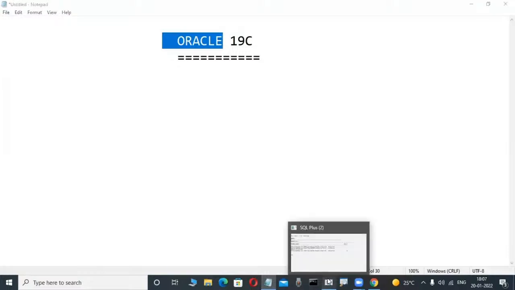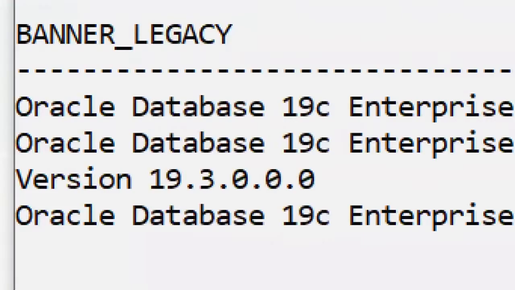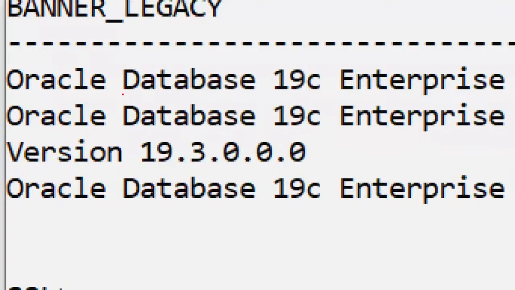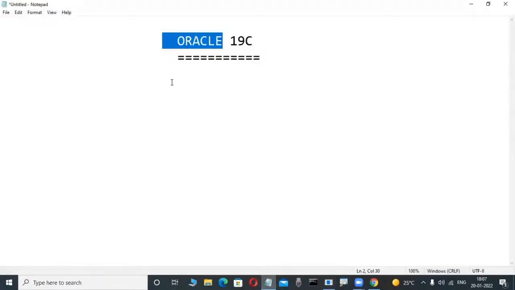Slowly observe the screen. Oracle is a product from Oracle Corporation, and it is a database product. Many of you already have an idea. Oracle is a database product. Okay, fine.